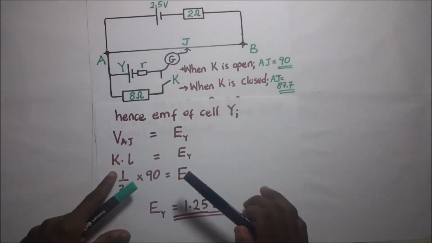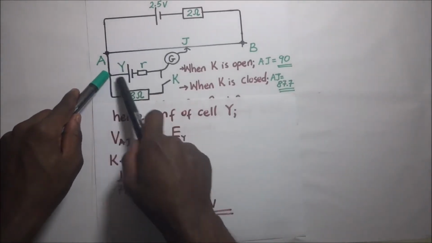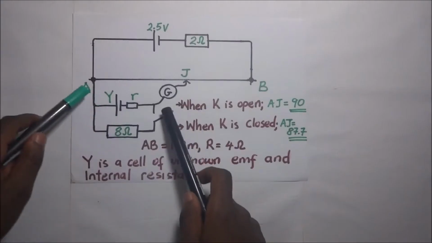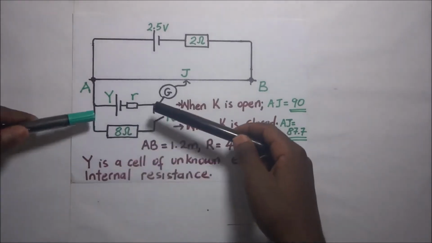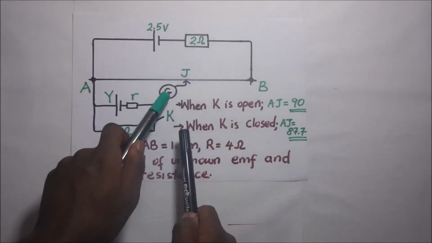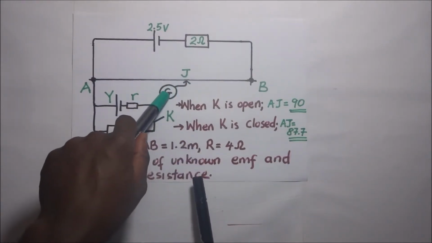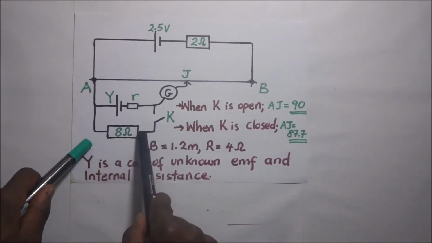For the second part of the question, we're required to find the internal resistance R of this cell. The internal resistance has been represented by that R. When K is closed, it means that this 8 ohm resistor has been brought into the secondary circuit. When the balance length is obtained, no current is going through the galvanometer, since it's at zero deflection, meaning that all the current being produced here is going through that 8 ohm resistor.